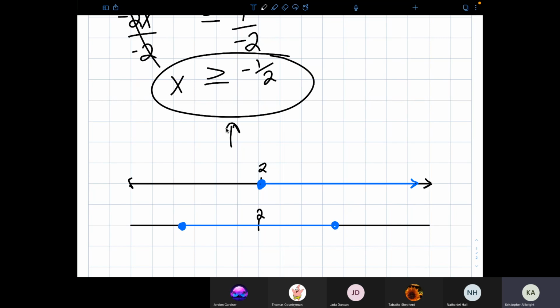So when you have only one expression, such as x is greater than or equal to negative 1/2, this graph would actually look exactly like this if you replace that 2 with negative 1/2. So this is that graph. But on this one, you would have something a little different.